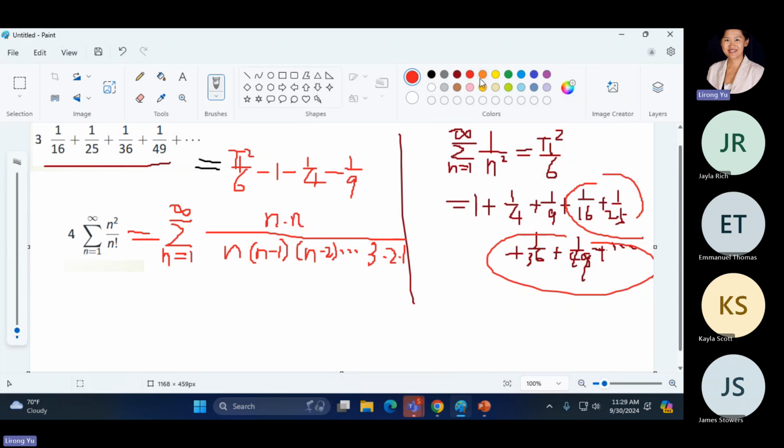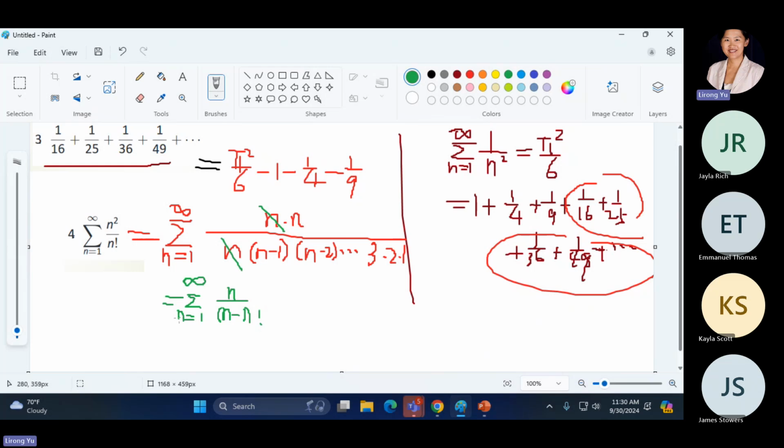So what you can do is cancel with the n. It becomes this. And then now you will have n over n minus 1 factorial. Right, and then n is now from 1 to infinity.